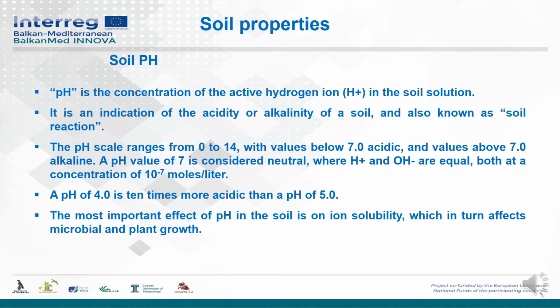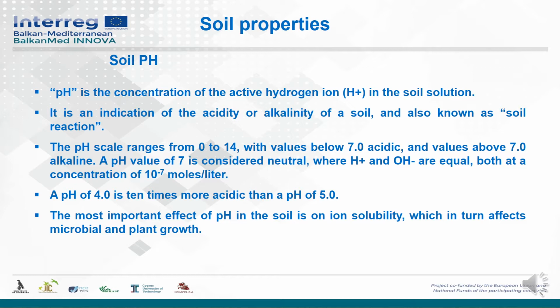And the values above 7 show a soil pH that is alkaline. A pH value of 7 is considered neutral. In this case, the concentration of hydrogen and hydroxyl are equal, both at a concentration that is shown here.